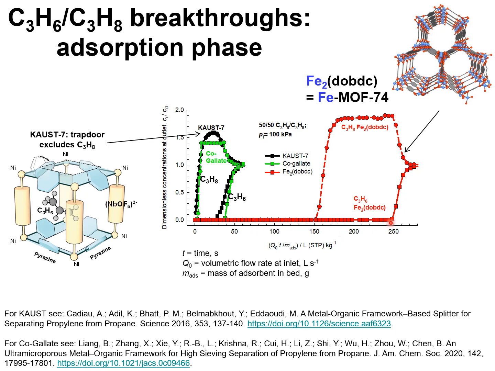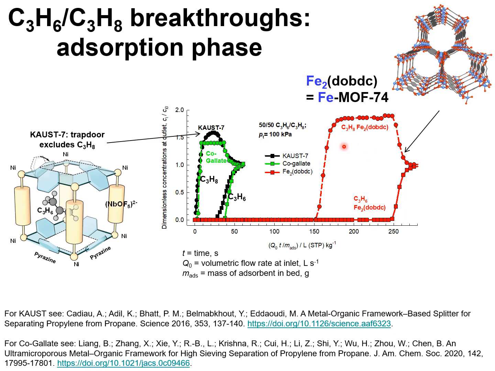For iron MOF74, the uptake capacities are significantly higher than those obtained with these two MOFs. However, we note also that there is a significant uptake of propane along with that of propylene.